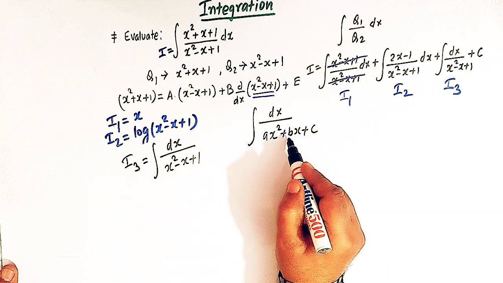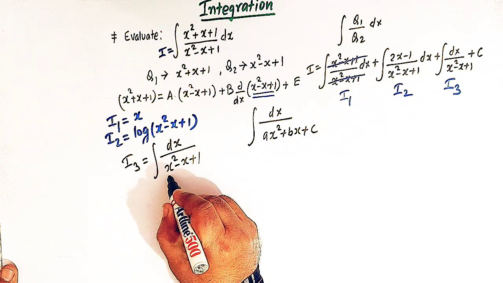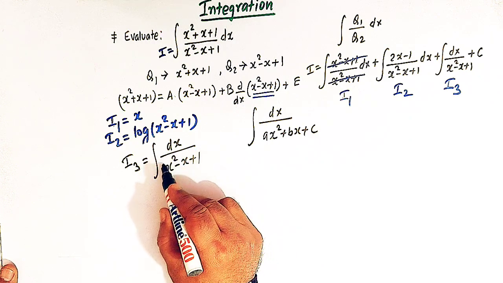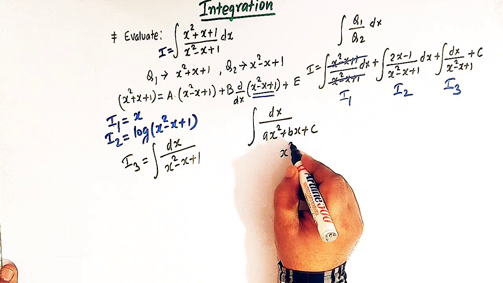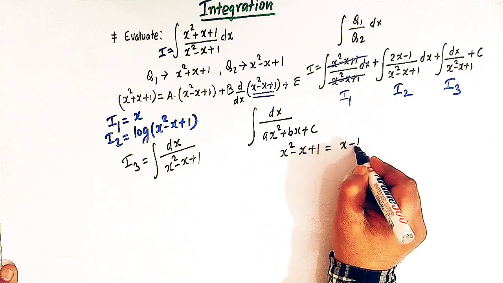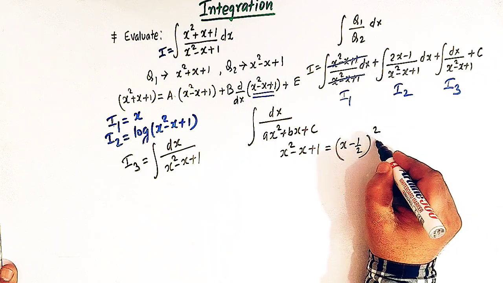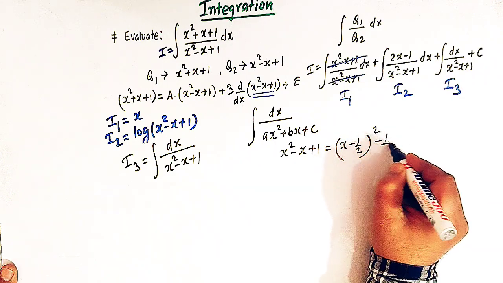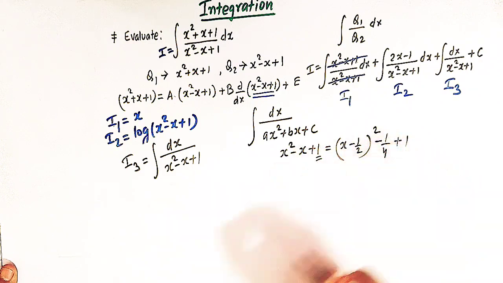And to solve these type of integrals, what we do, we convert this quadratic expression into a perfect square. So we can write x square minus x plus 1 as x minus half square, and then here we'll write minus 1 over 4, and then we have this term that is plus 1.